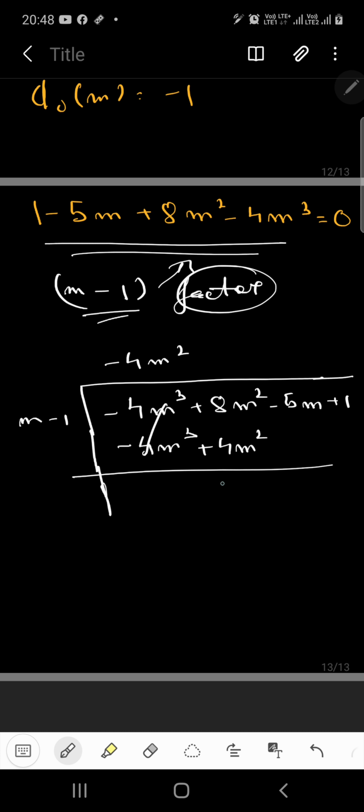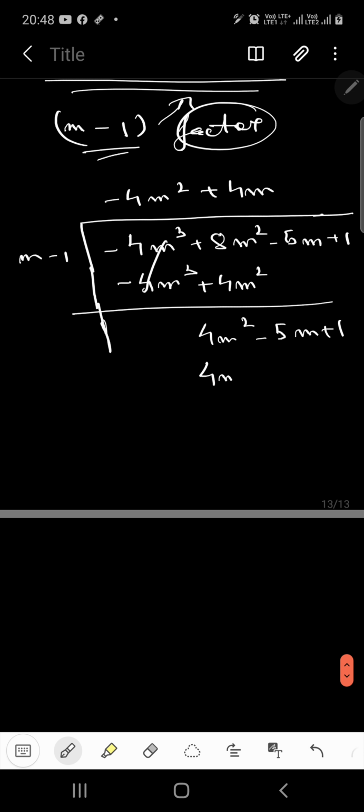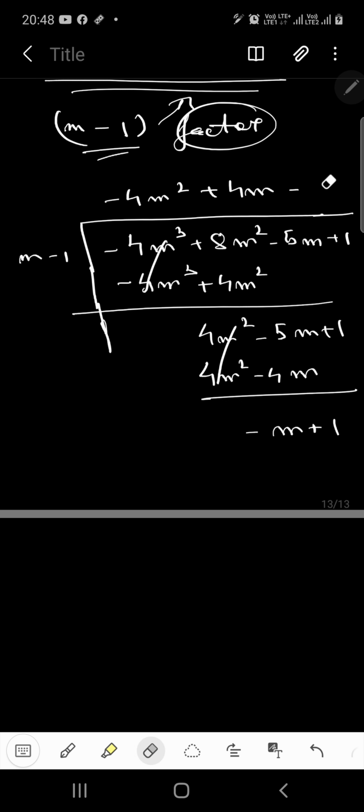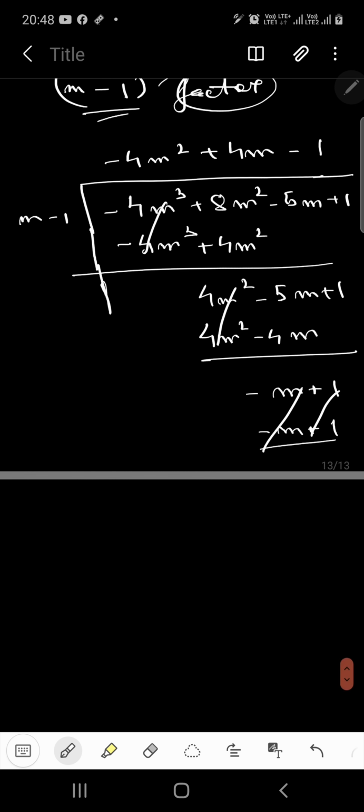This portion cancels out, this portion gives you 4m square. You have minus 5m plus 1. Then you have plus 4m to give you 4m square minus 4m. They cancel and this gives you minus m plus 1. So you multiply here minus 1 to give you minus m plus 1, and they cancel out to give you the remainder 0.